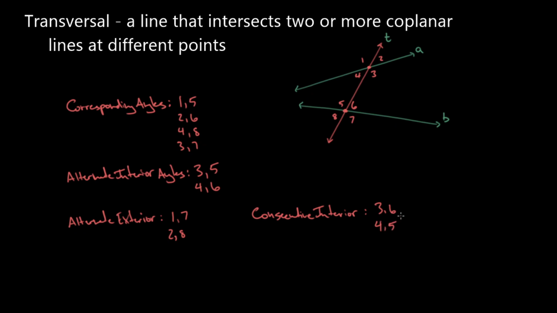So these are all my different angle pairs that get created whenever I have two lines and a transversal intersects both of them. I create 8 of these angles here, and I have 4 different types of angle pairs. Each of these 4 types of angle pairs has an angle on one of the lines, A and then B, and all of them will be on this transversal.